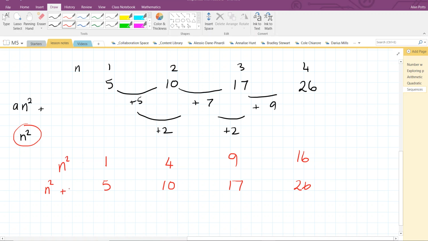Okay. So this is the line I want to know. We've decided it's 1n squared. Good. But we're not where we need to be. So how do we get from where we are currently to where we need to be? So that would be plus 4 plus 6 plus 8.